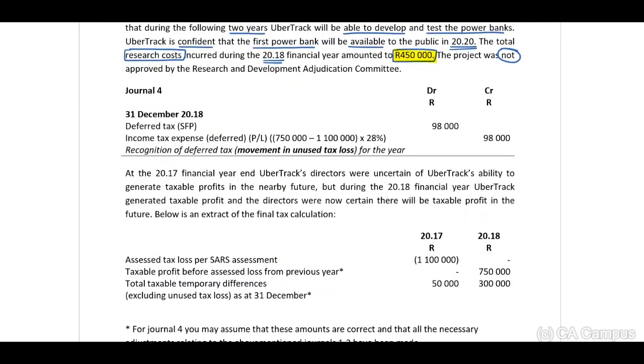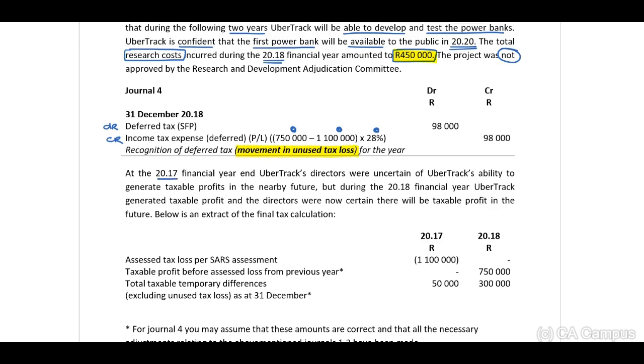Journal 4, 31 December 2018, they debit deferred tax, credit income tax expense with 750,000 minus 1.1 million times 28%, and they indicate to us that recognition of deferred tax movement in unused tax loss for the year.